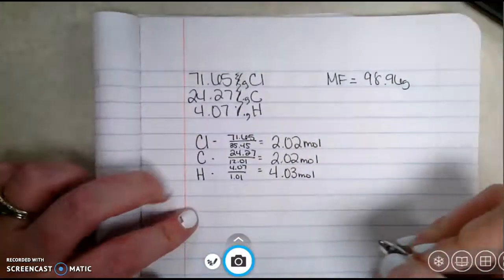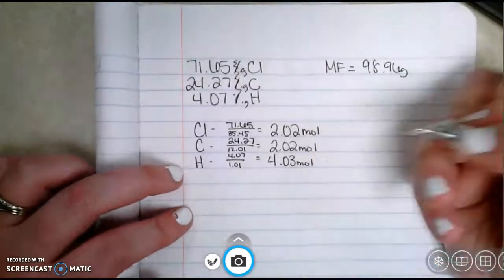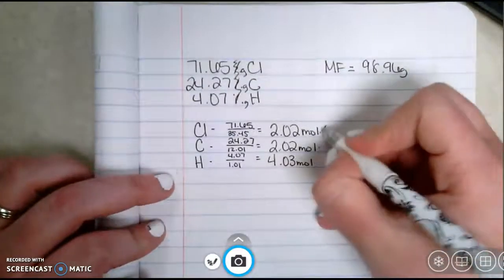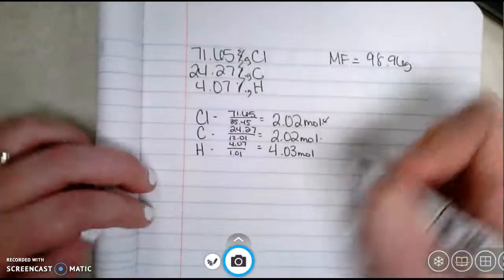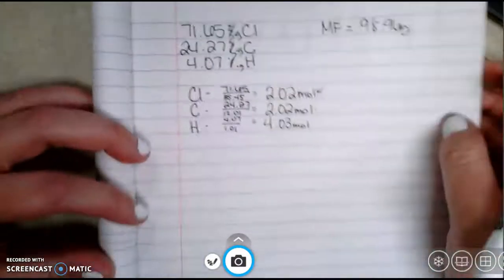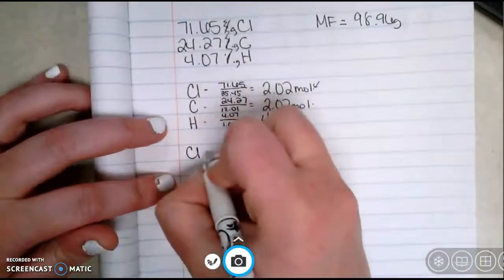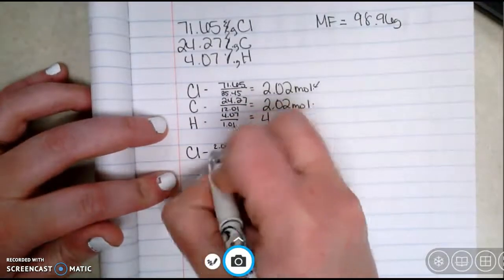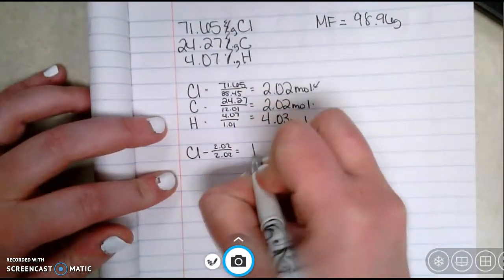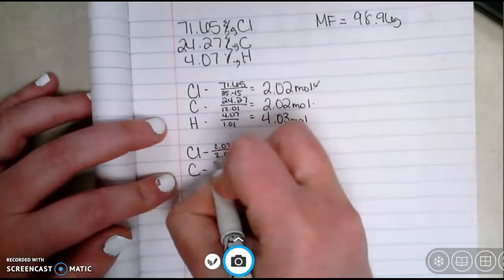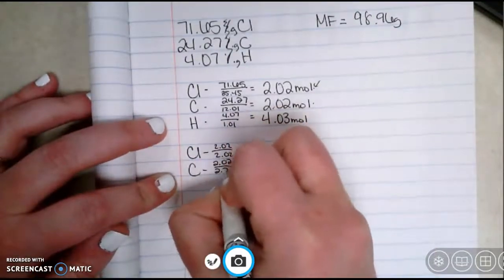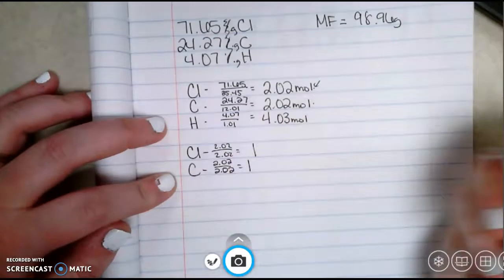Okay, so I'm going to take my smallest amount, which, these two are the same, so I'm just going to pick that one. And I'm going to divide all of them by that molar amount. So my chlorine is 2.02 divided by 2.02, which gives me 1. My carbon, same thing, 1.